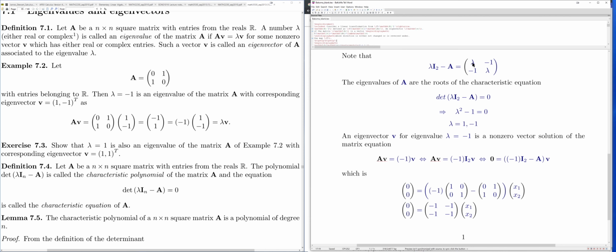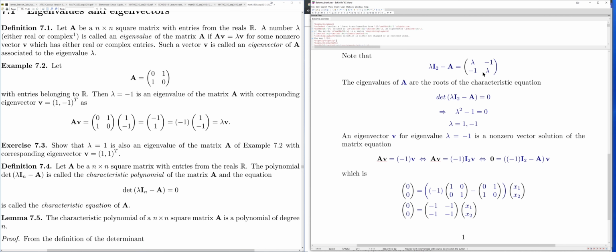And you want to notice over here, you could have actually jumped to this step by just putting in lambda equal to minus 1. Because if you put minus 1 in here and minus 1 over here, you'd in fact get this matrix with minus 1, minus 1, minus 1, minus 1.